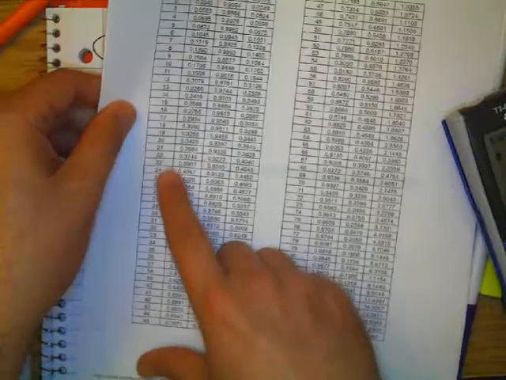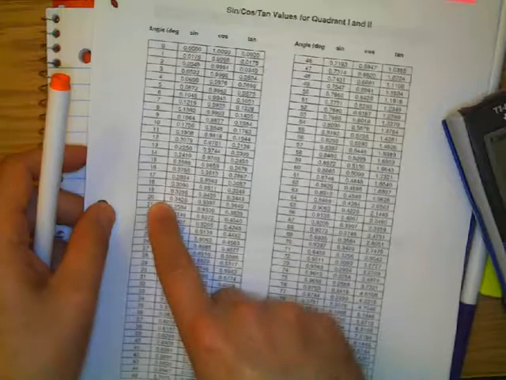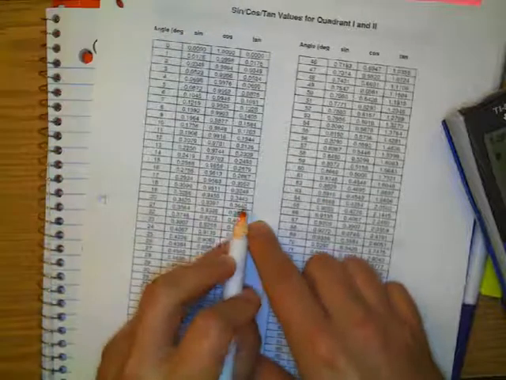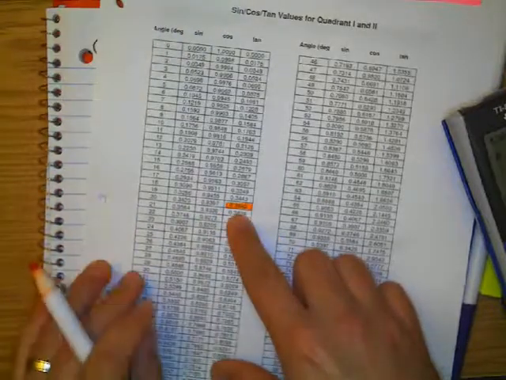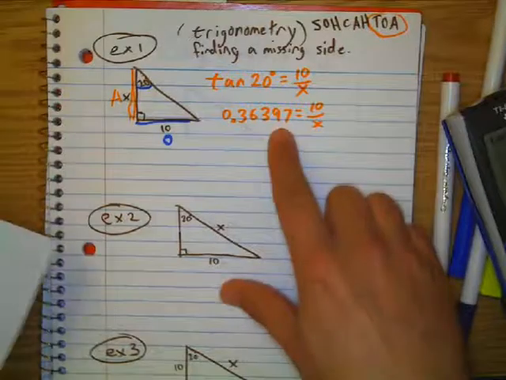So tangent 20 degrees. I can go here to 20 degrees, and tangent, if I look here on the top, the tangent's right there. So I go tangent 20 degrees, and I've got 0.3640, which is close to what we wrote here.